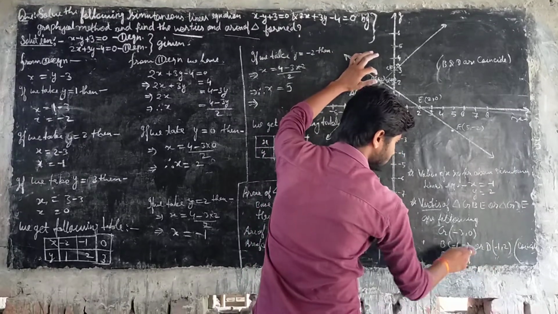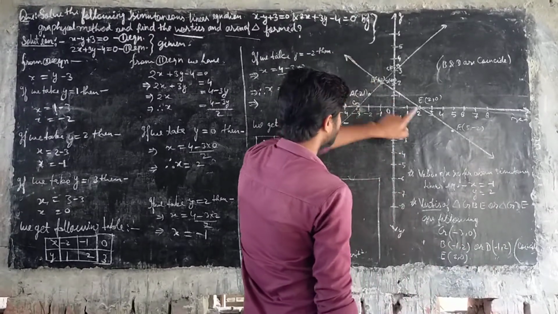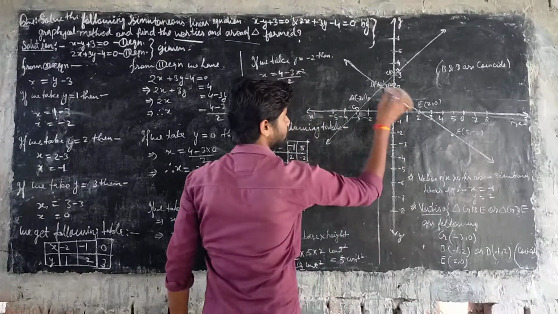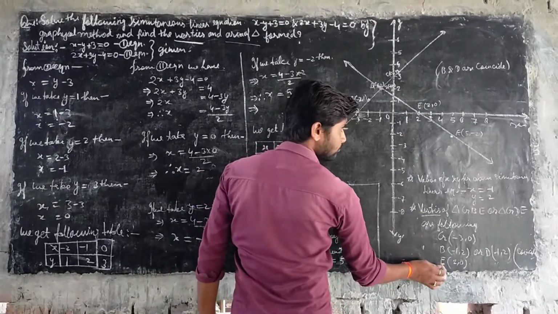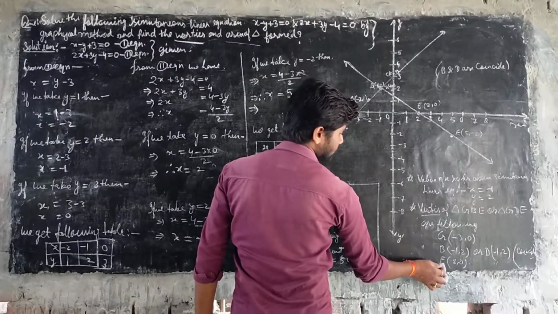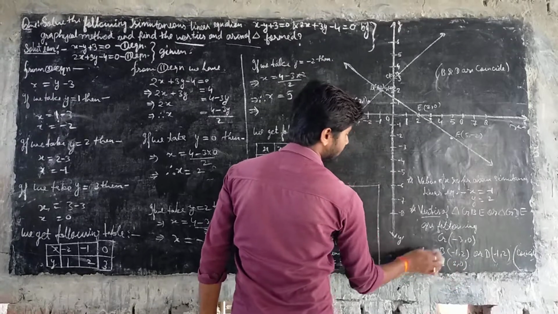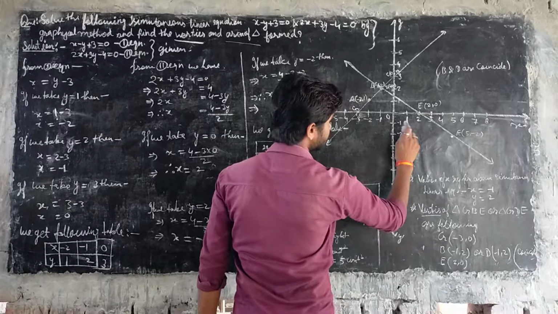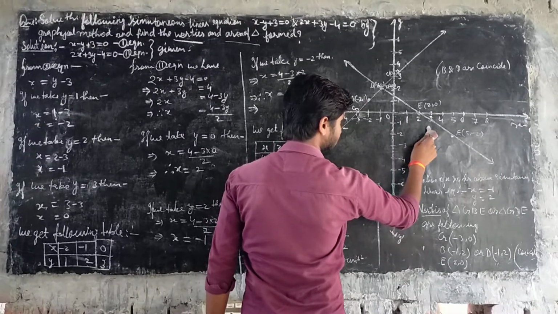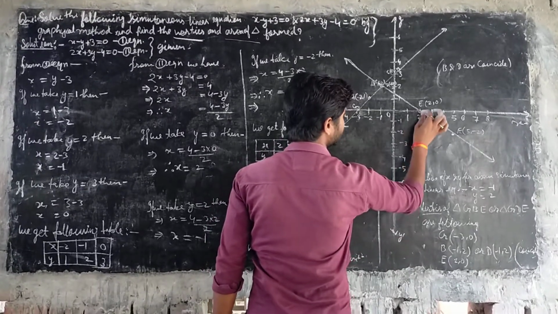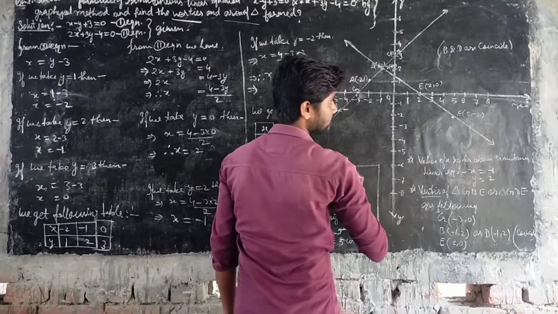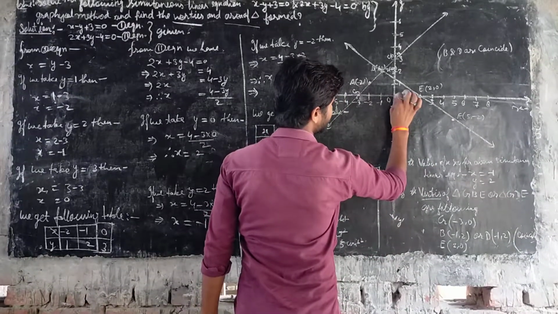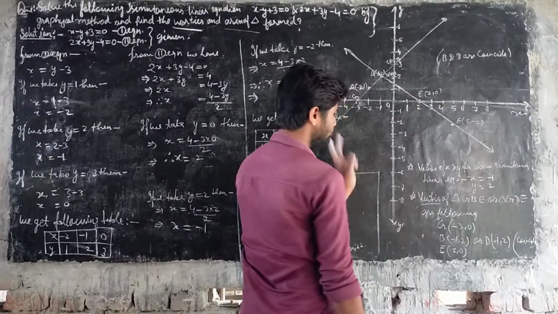Now the third point E: its coordinate point is 2 and 0, meaning x is 2 units from the origin to the right-hand side and y is 0.